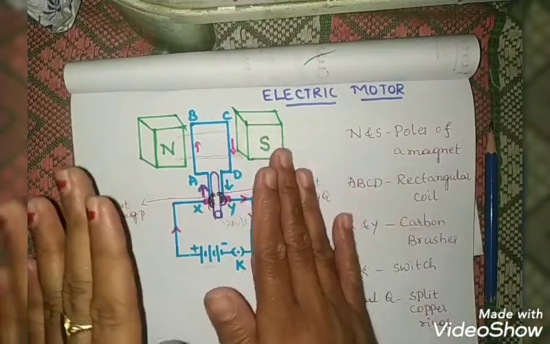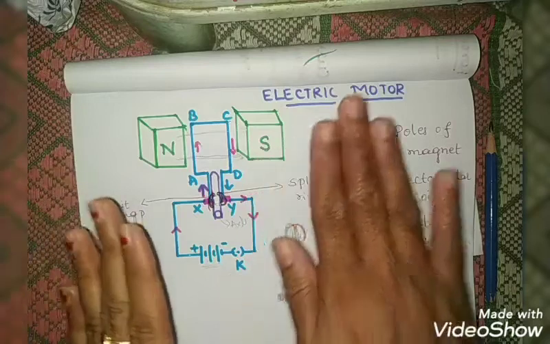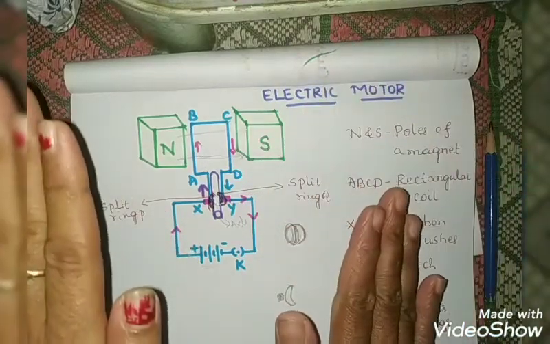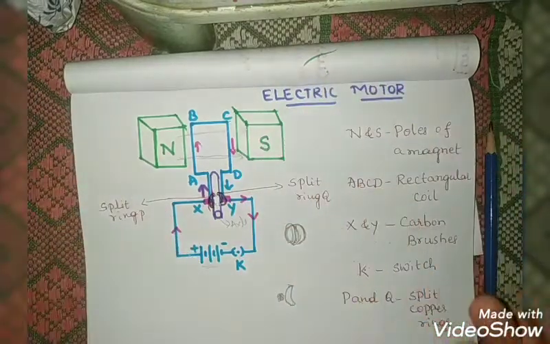It turns. It may turn like this. But how can we understand in which direction it turns? Something we cannot tell, isn't it? How can we understand in which direction it is turning? By using Fleming's left-hand rule, which we came across already in our previous classes.